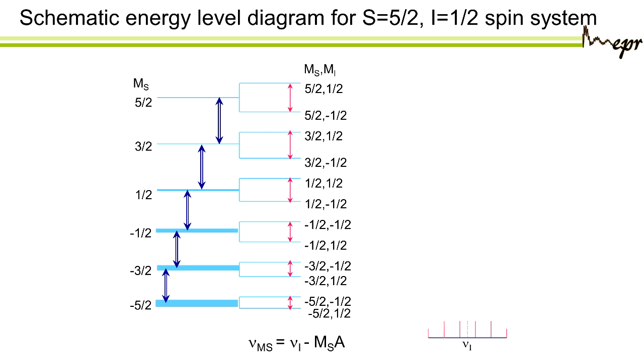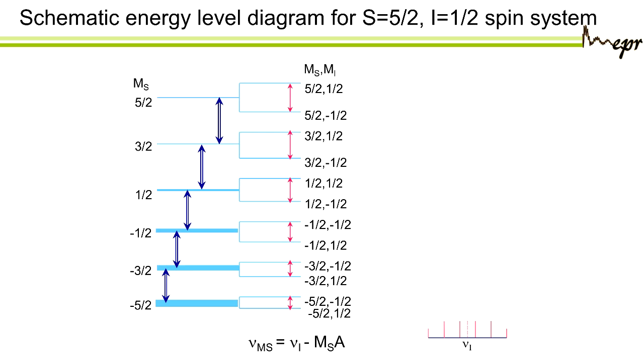And then, when we excite from 5/2 to 3/2, we will see the ENDOR frequencies that correspond to these two levels. And if we excite the minus 3/2 to minus 1/2, we will see the two sub-levels that correspond to this.